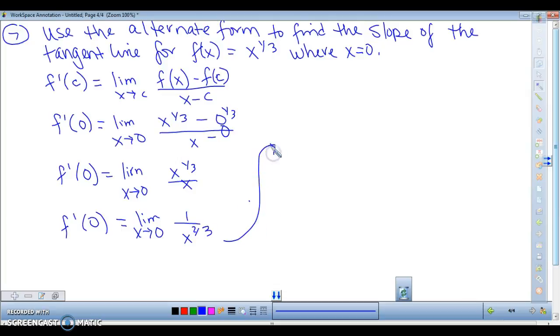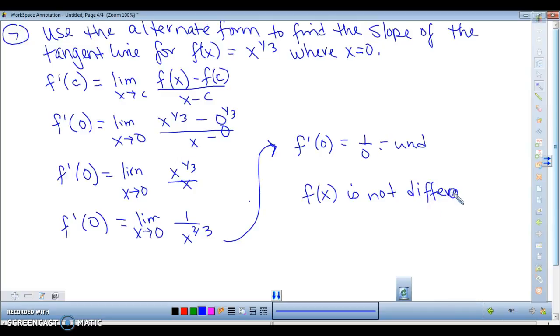Okay, so f prime of 0 ends up being 1 over 0, which is undefined. Now what that tells me is that f of x is not differentiable at x equals 0. It may be differentiable at other points, but it is not differentiable there.